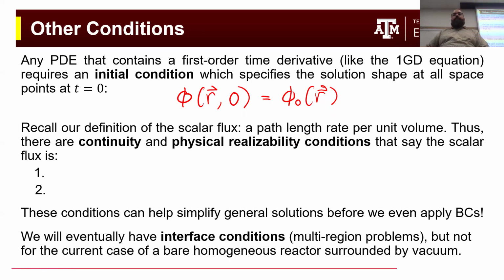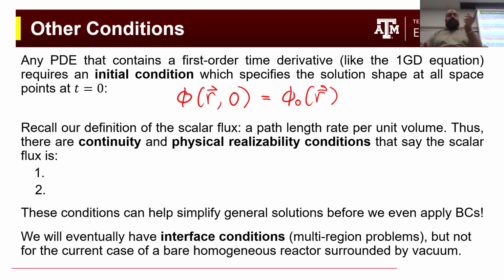Whenever we think about the definition of a scalar flux as a path length rate per unit volume, because the scalar flux is a physical quantity, it has continuity conditions and what we call physical realizability conditions that constrain what kind of function our flux could have.